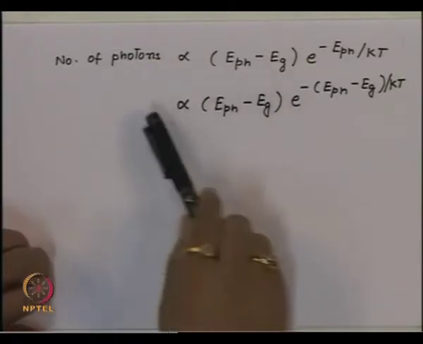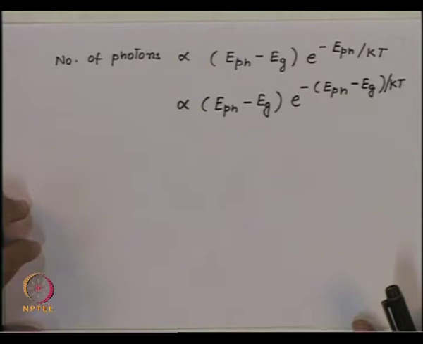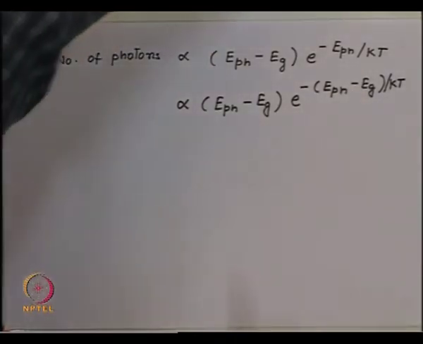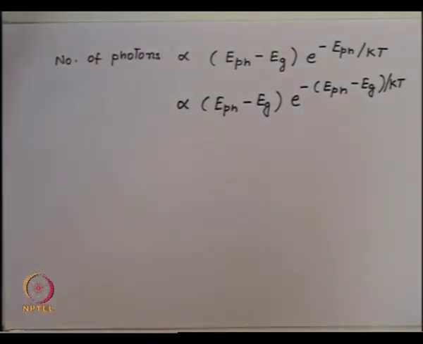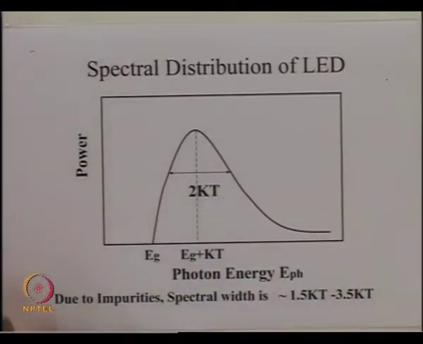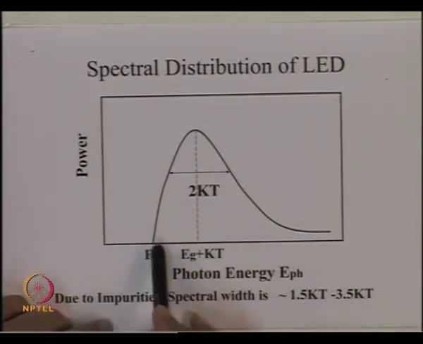So, if I now plot this function, that is number of photons as a function of the photon energy, and that essentially gives me the spectral distribution of the light emitting diode, then we get a typical curve which will look like that. Now, as I mentioned, when the photon energy is equal to EG, then the power or the number of photons which are emitted is 0.